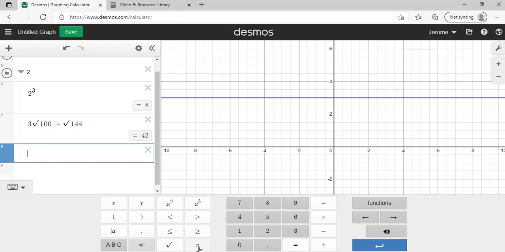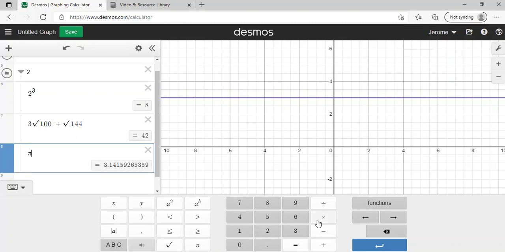So whenever you have anything with pi, unless the directions tell you otherwise, you're to use this pi key. Now, if the directions tell you that pi equals 3.14, you will use 3.14. But if it doesn't tell you that, it's assumed that you're going to hit this pi key.